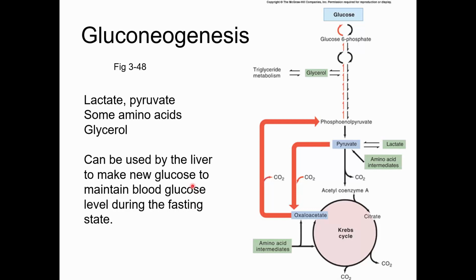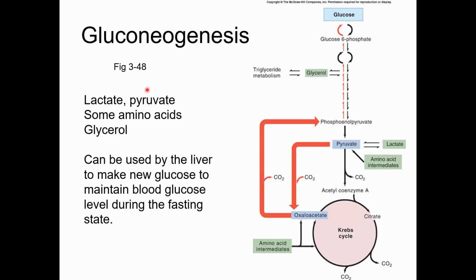All right, gluconeogenesis. Gluco is sugar, neo is new, and genesis is creation. So we're making new glucose out of non-carbohydrate sources. So here we have lactate, 3 carbons, pyruvate, 3 carbons, some amino acids, all of which are 3 carbons, and glycerol, 3 carbons.